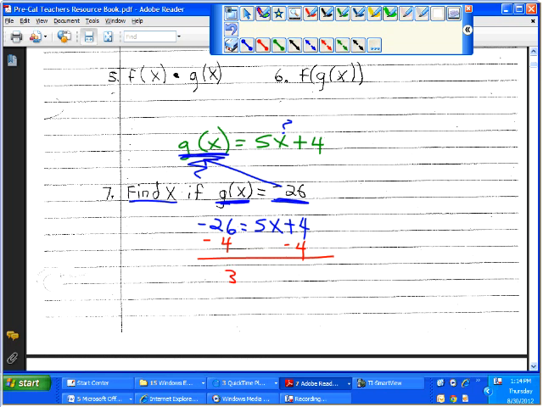When you add or subtract with the same sign, you add and take the common sign. Now we're going to undo multiplication by division, and we get x equal negative 6. So negative 6 is the value of x that would produce a function value g of x of negative 26. Okay? Any questions on that?